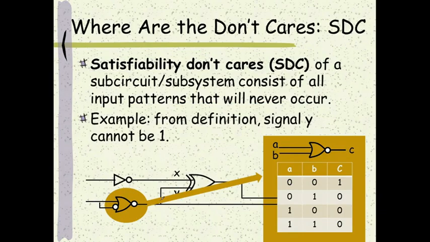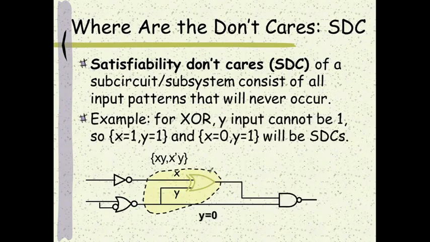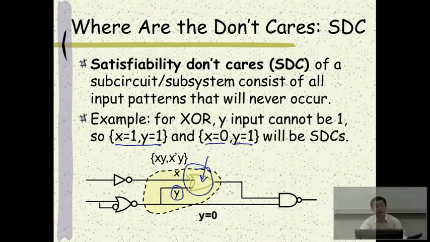So with this in mind, think about this exclusive OR gate. The y input cannot be 1, which means for the exclusive OR gate, the input combination x equal to 1, y equal to 1, or x equal to 0, y equal to 1 will never happen.